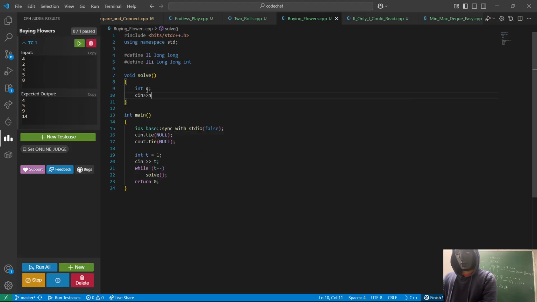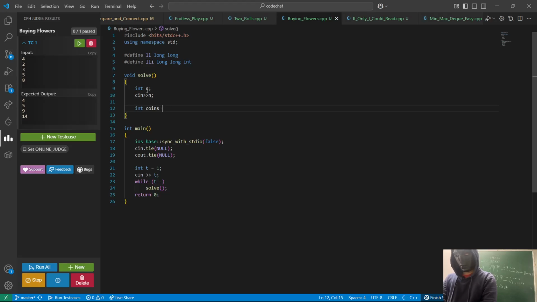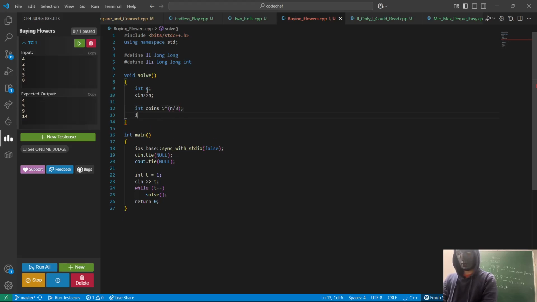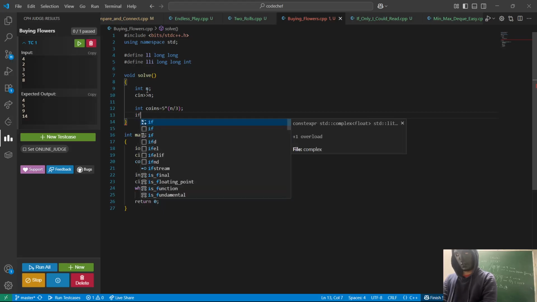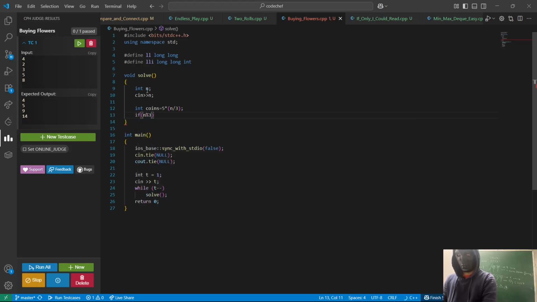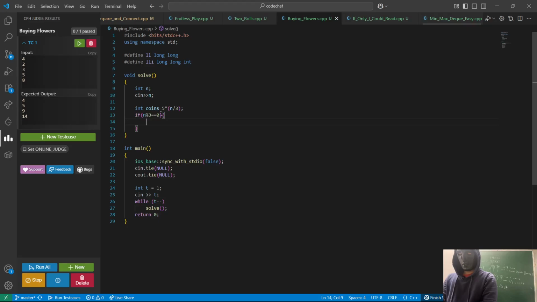Let's take the n value, and we'll take coins, which will be, as I said, 5 into n by 3. Now we'll check n modulo 3. If n modulo 3 equals 0, which means it is perfectly divisible, nothing has to be done. No coin to be added because everything is taken care of.